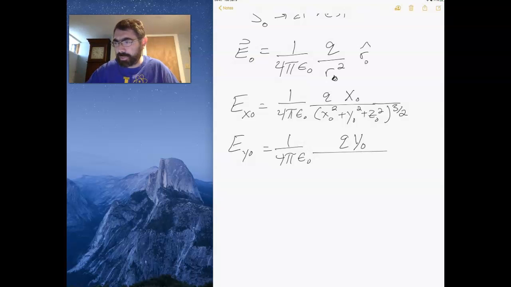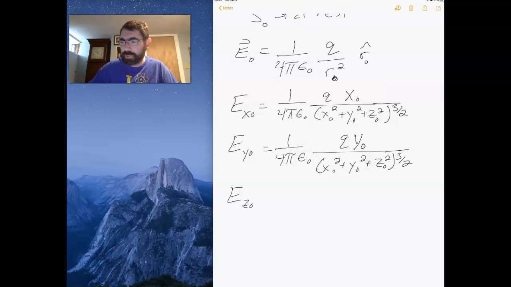This would be y0 and then z0 is a similar equation.